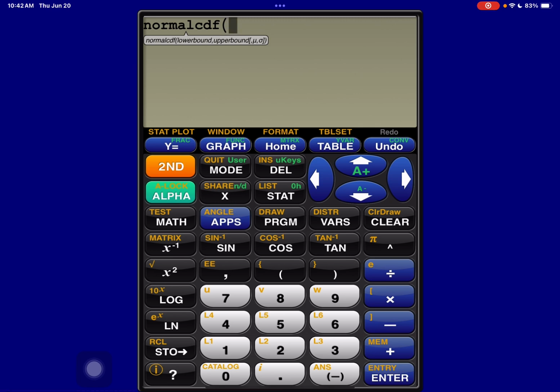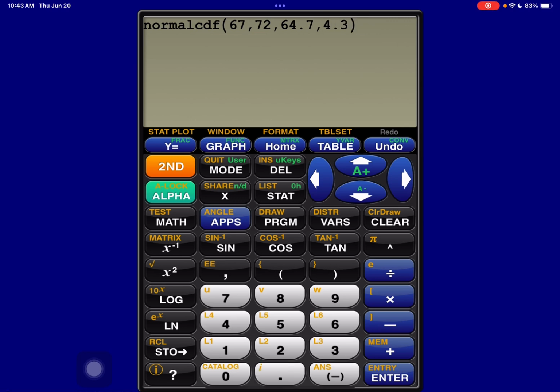So this one here, the normal CDF, the lower bound is 67, right? I have to put in a comma. Yours you won't have to put in a comma. 72, comma, right? The mean is 64.7, comma, and the standard deviation is 4.3.